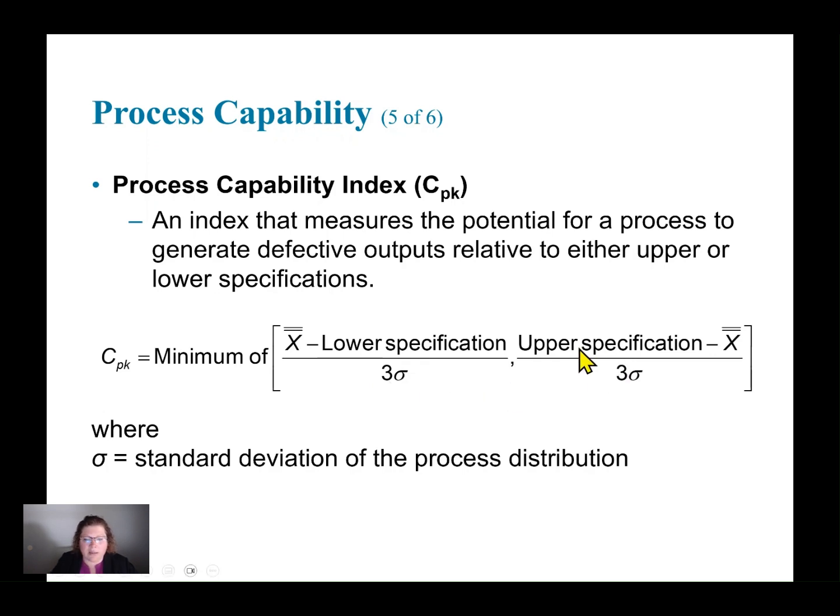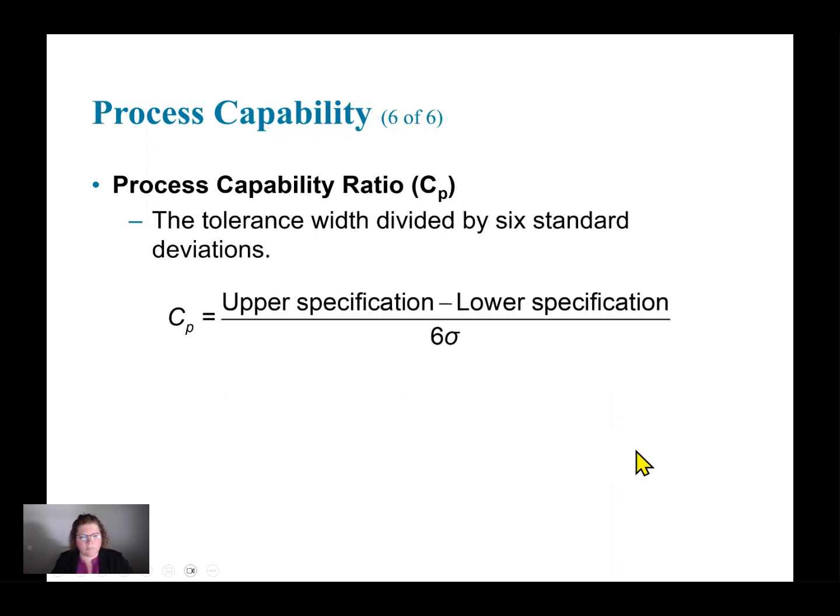Separately, you can calculate the other side of the normal distribution, which is the upper spec minus your process mean, divided by 3 times the standard deviation. You'll get a different number here, unless your process is perfectly centered on your target, in which case these 2 numbers would be exactly the same. But usually you're a little off center, and if you are off center, these would be different numbers, the minimum of which you would call your CPK.